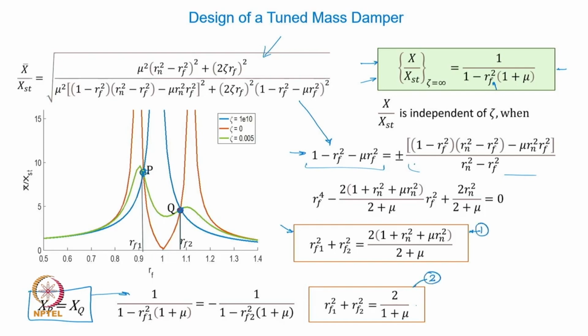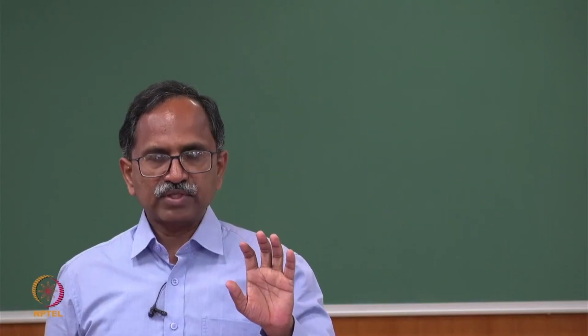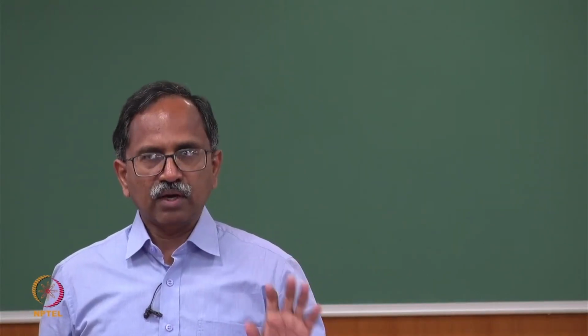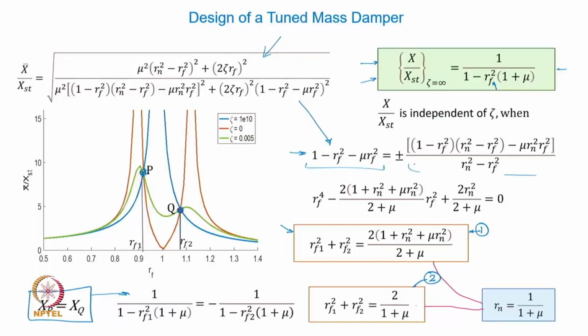Both of them are referring to the same forced frequency ratio, rf1 and rf2. If I equate these two now, I get an expression for rn. What is rn? It is the natural frequency ratio. What you have got is that as a function of only one parameter, that is mass ratio. Okay.